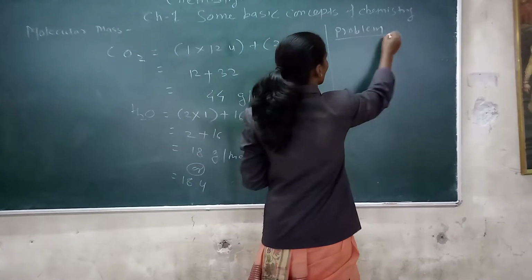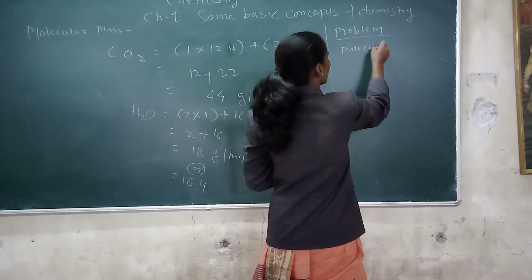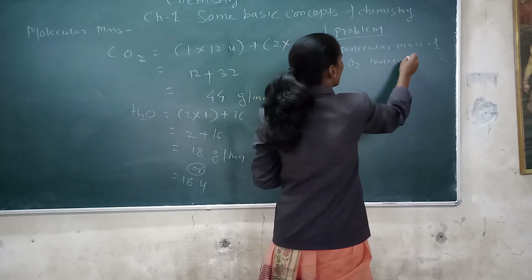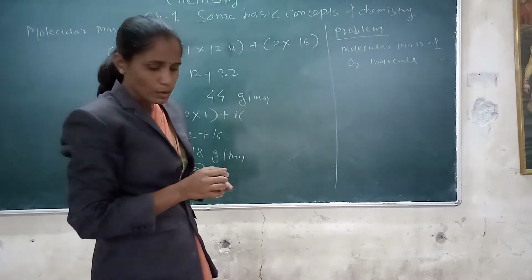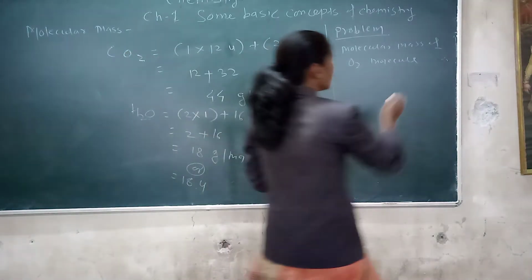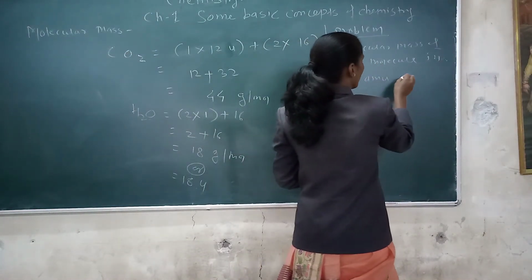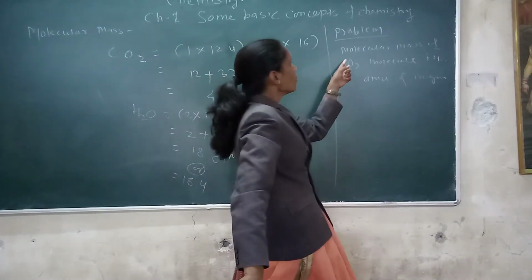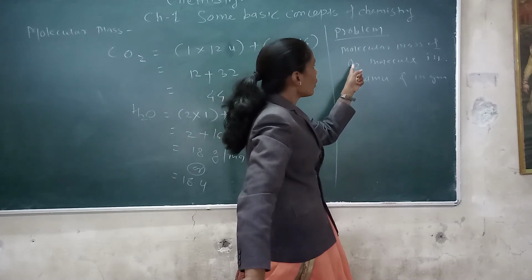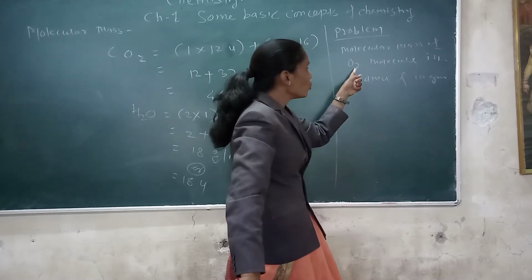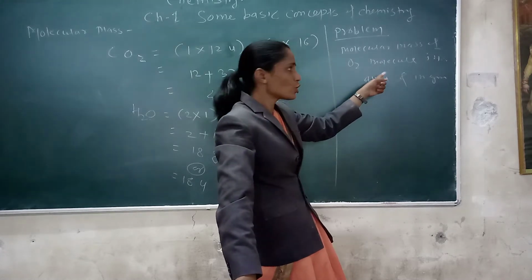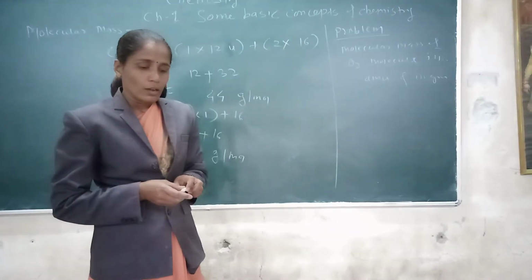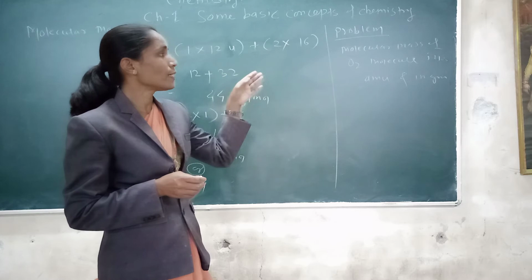Find the molecular mass of the O2 molecule, oxygen molecule, in atomic mass unit and in gram. Here first of all we calculate the value of molecular mass in AMU.